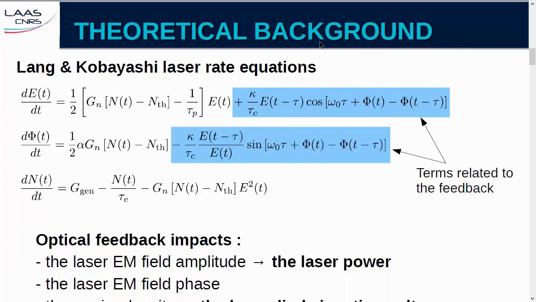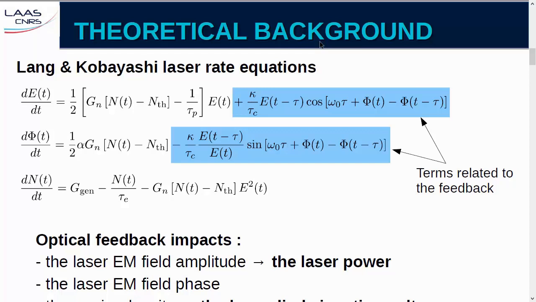The counterpart of this is that the simplicity of the setup comes with a complexity in the modeling. I wrote this here to show you that there is a lot of physical background behind what I'm saying. Basically, the rate equations of a laser have been extended to take into account the optical feedback, and Lang and Kobayashi in the early 80s did that very well. The two blue terms represent the feedback in the rate equations.